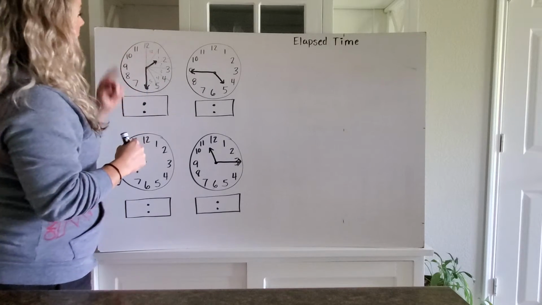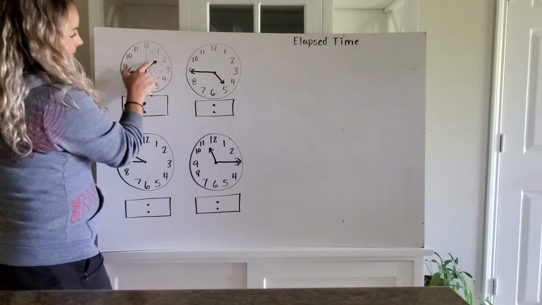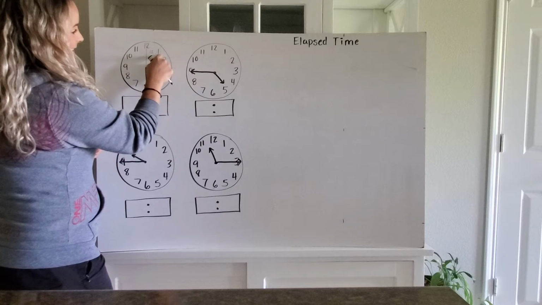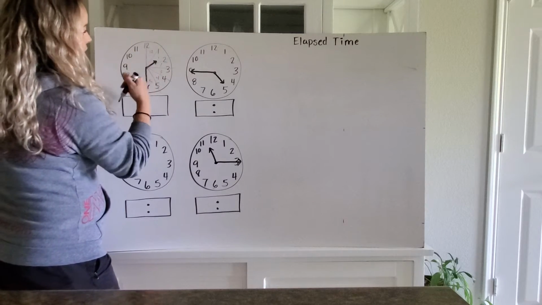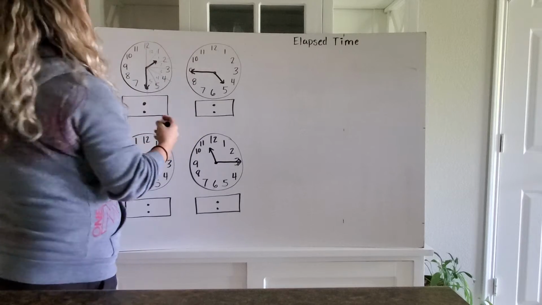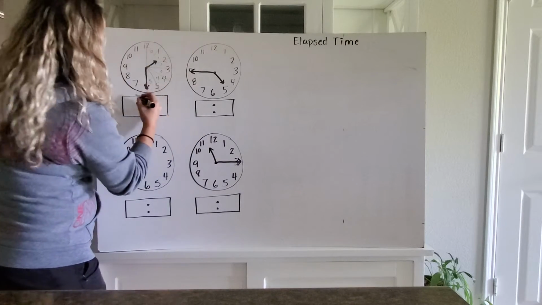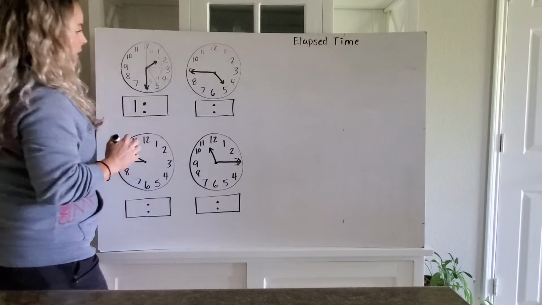But my hour hand, my short hand, is in the 1 o'clock parking spot. It hasn't gotten to the 2 o'clock, so it's not 2 o'clock, even though it's closer to 2. So we're going to say that it's 1 o'clock.